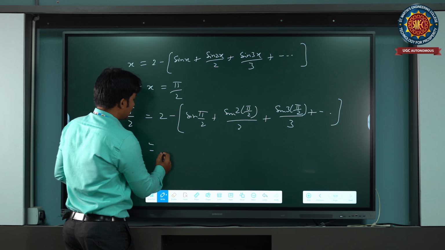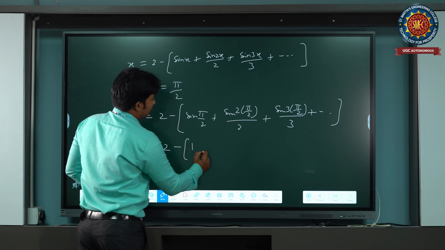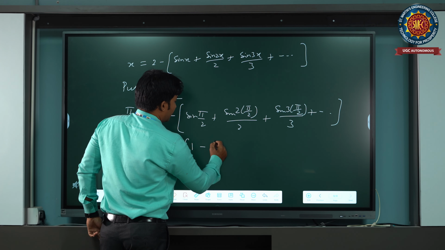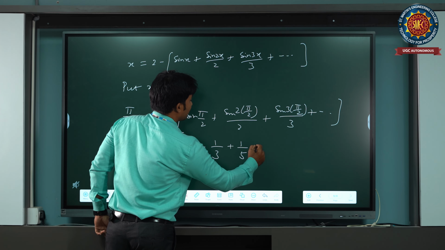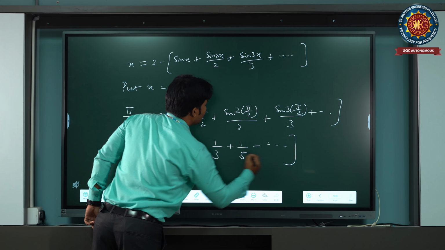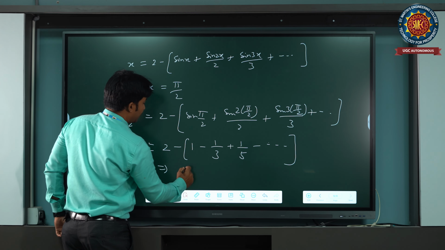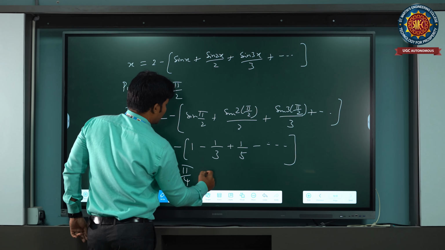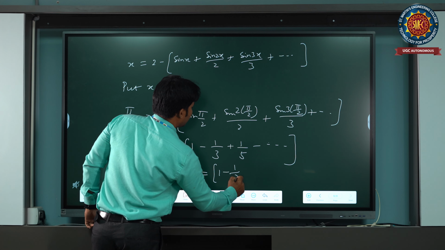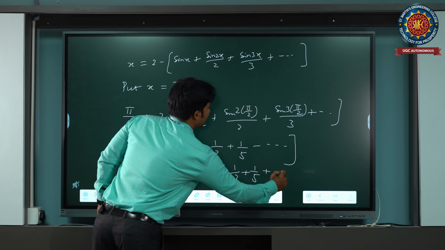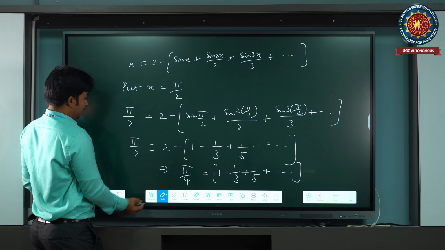The series becomes pi minus 2 times 1 minus 1 by 3 plus 1 by 5 minus so on, giving the solution pi by 4 equals 1 minus 1 by 3 plus 1 by 5 plus so on. This is the result of the example.